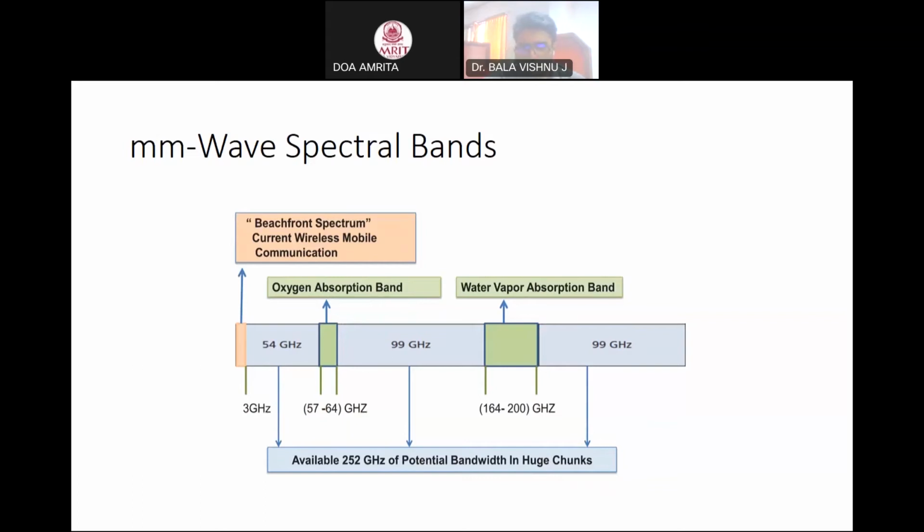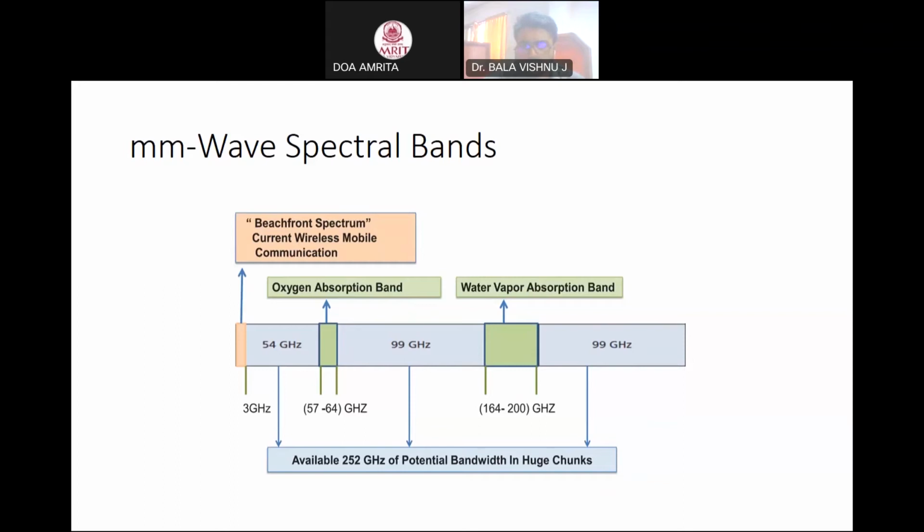That band can give a maximum bandwidth of about 20 megahertz. So in order to increase the bandwidth beyond 20 megahertz, we have to shift into very high frequencies.